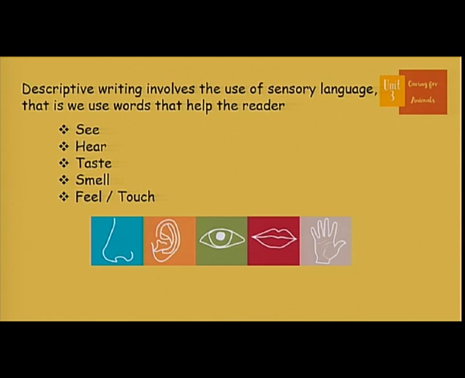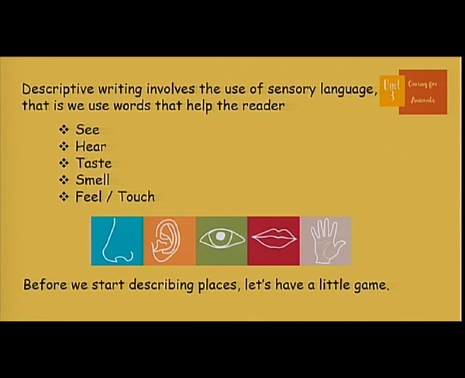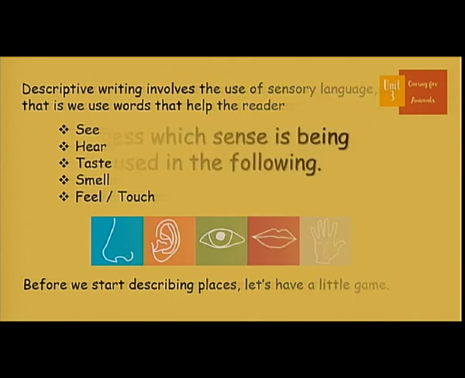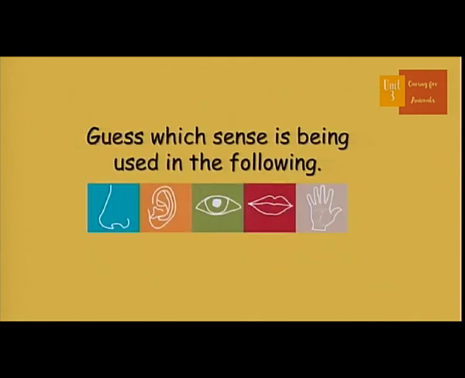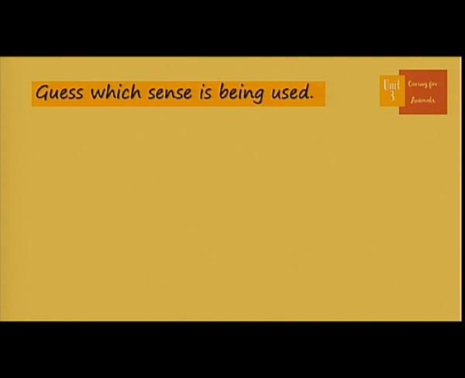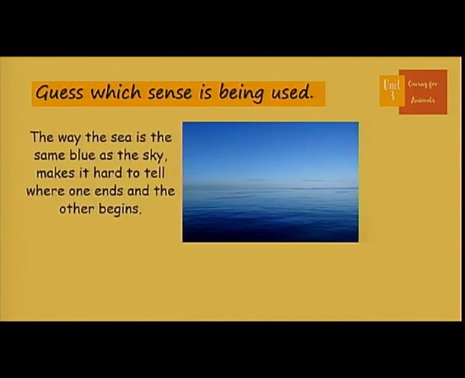Before we start describing places, let's have a little game. Guess which sense is being used in the following. The way the sea is the same blue as the sky makes it hard to tell when one ends and the other begins.